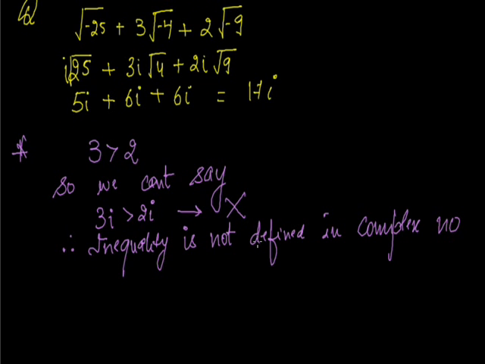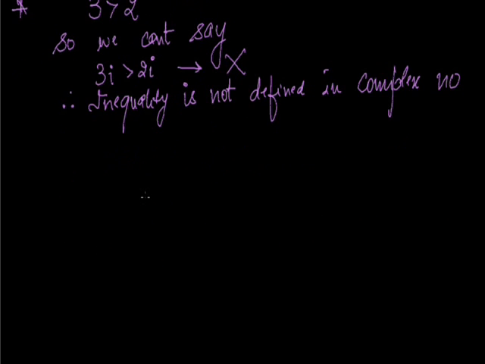So we have read about complex numbers. Now we will deal with the general form of a complex number. We represent a complex number by z.